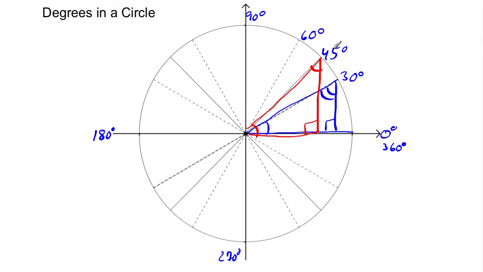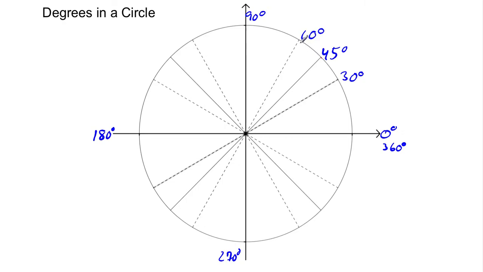So that's why we do 30, 45, and 60 as opposed to 10, 20, 30, 40, 50, 60, 70, 80, 90. So that's why these become our special or common angles inside of a unit circle. And then we just count going around based off of this pattern.